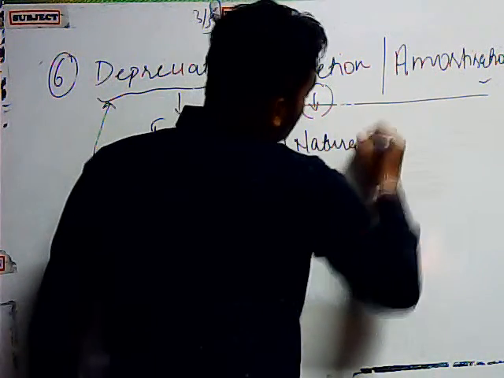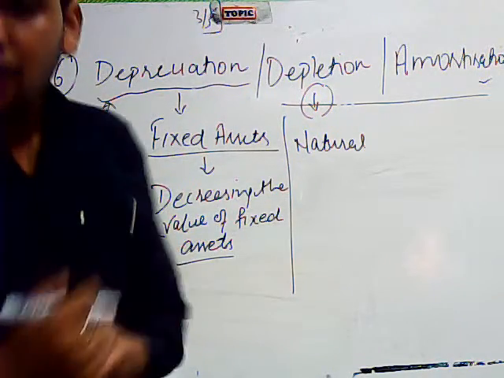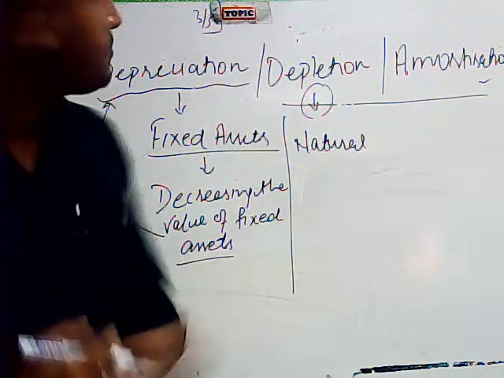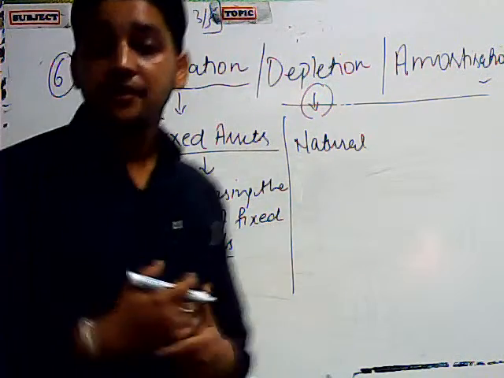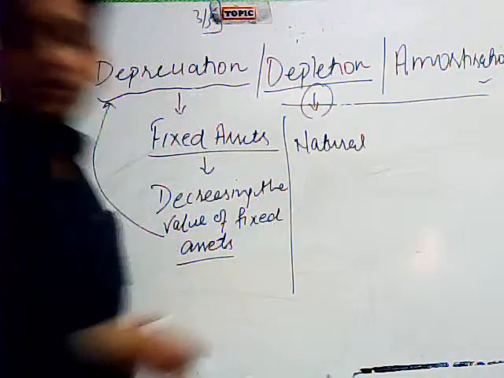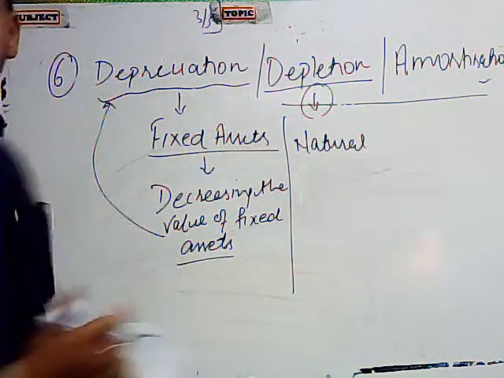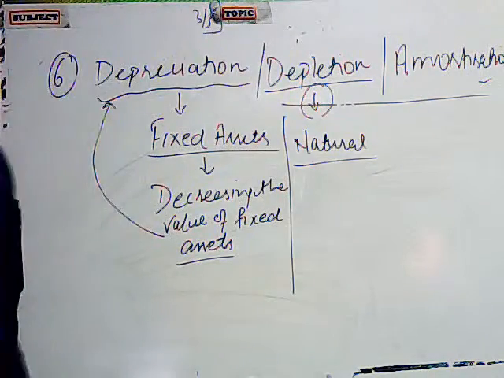Quality of air, deforestation, the usage of natural resources, coal mining, all the mining done by industries. Coal mines are decreasing, trees are decreasing day by day. So for our natural resources we have to use the word depletion.